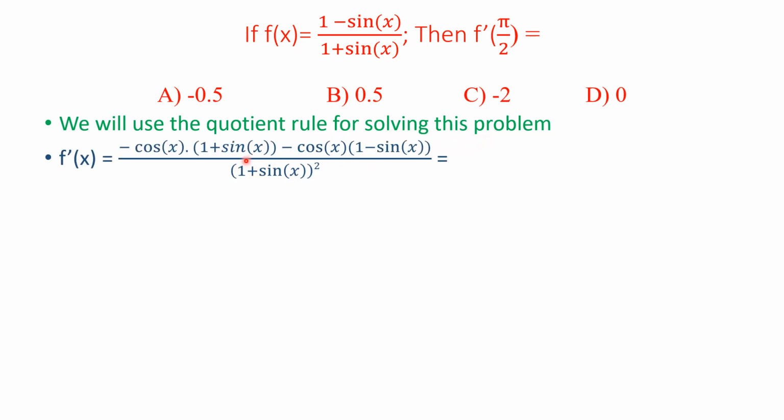We can see the quotient rule states the denominator will be squared, which is what we did, and then in the numerator we will have the denominator multiplied by the derivative of the numerator.